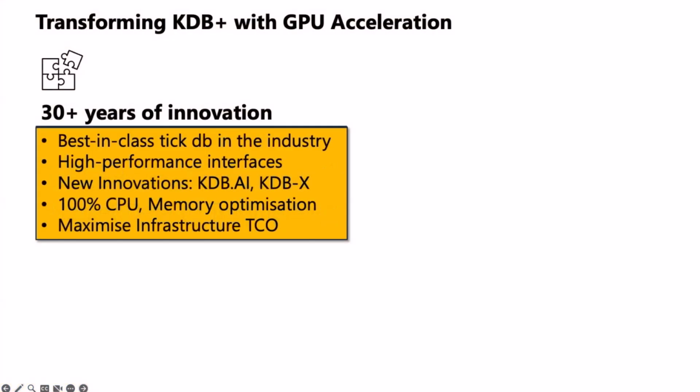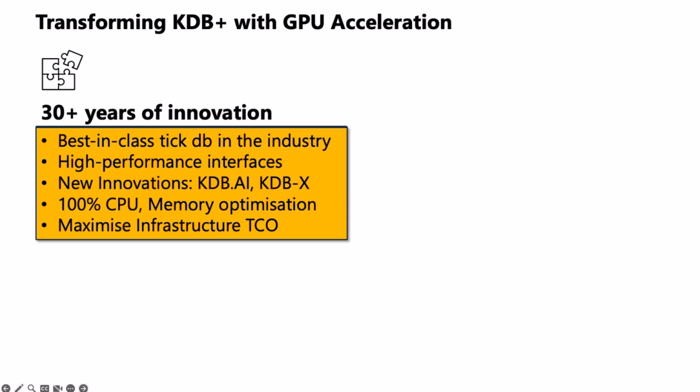Now, we know that KDB+ has been one of the best-in-class databases in the industry, historically. There are high-performance interfaces, and over the years, there have been a number of new innovations such as KDB.ai, KDB-X, PyKX, and so on. And we have kind of maxed out in terms of the CPU utilization, memory utilization.